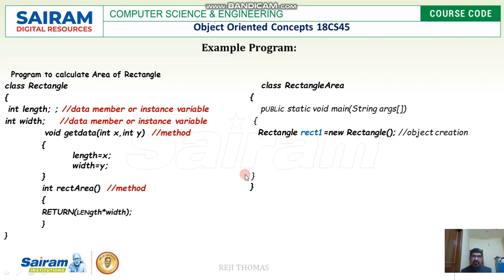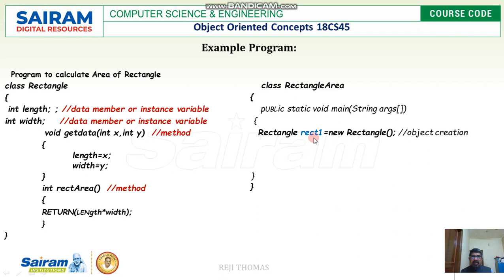Here I've created an object of the class Rectangle. Look at this. Rectangle is the class, rect1 is an object which I've created, and we use an operator called new, which is going to allocate memory for the object. This is the place where the object creation takes place. Let me repeat.